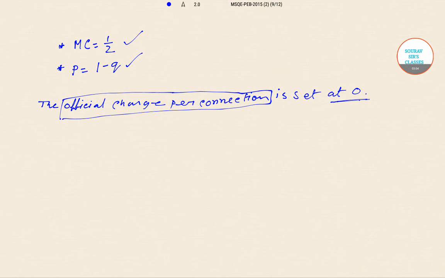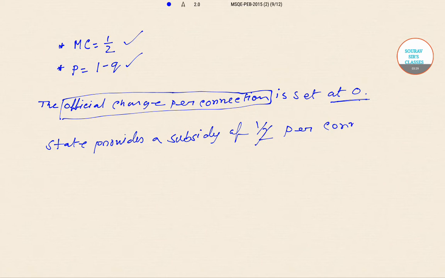Now the state provides a subsidy of 1 by 2 per connection. It is given.